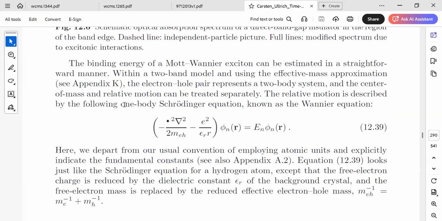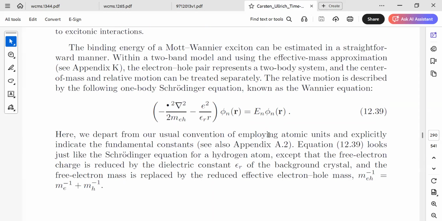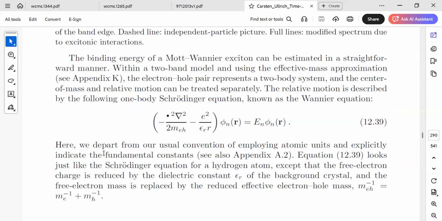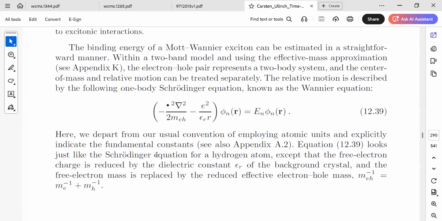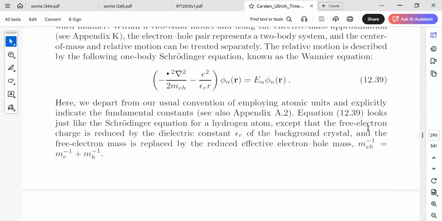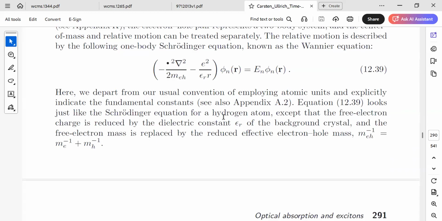This is a one-body Schrödinger equation type, the Wannier equation. And in this Wannier equation, here we depart from our usual convention of employing atomic units and explicitly indicating the fundamental constants. Actually, this is talking about the use of different units.